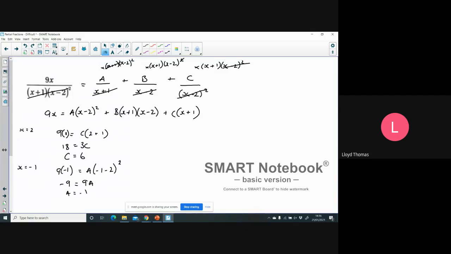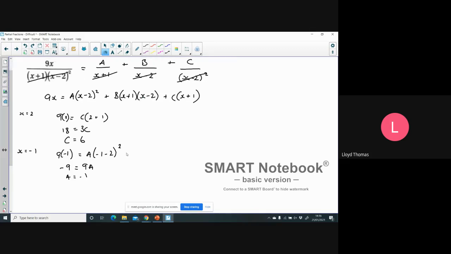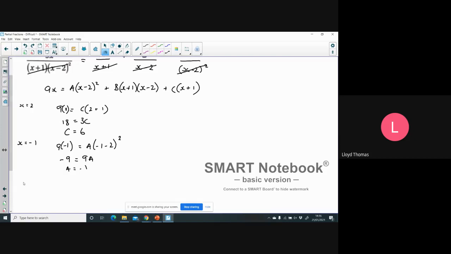And there's no way of subbing any x value in to give me b. So the method is you choose the easiest number of x you can think of, 0, and you sub in c equals 6, a equals minus 1, my two answers from earlier. And if you sub that in, the only letter you'll be left with is b.